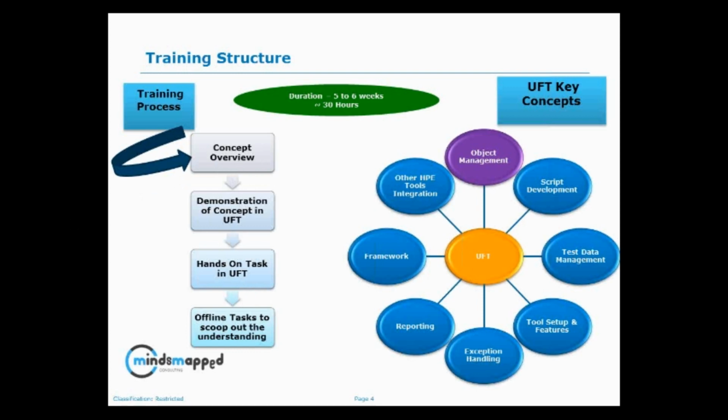Okay, so for the sake of interest for this session, I just wanted to take one example and see how we get along by understanding the concepts, and also how we do a hands-on with that. That's the reason I have taken object management, because it is the core concept of any automation tool.